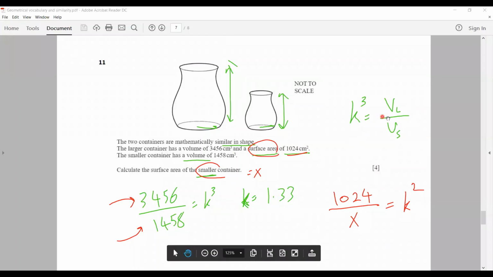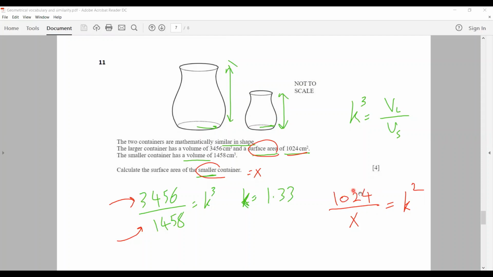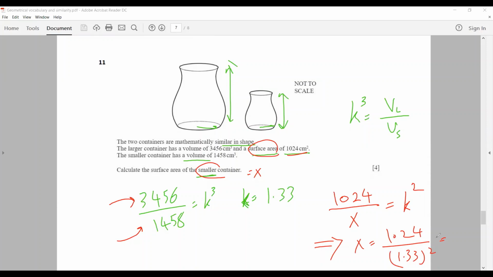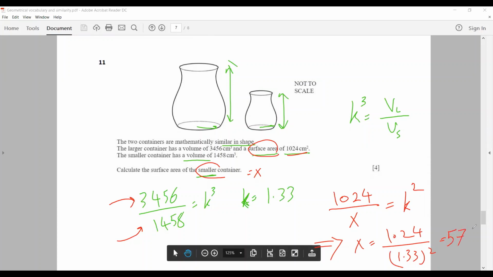So maybe another student put VS over VL in this case. When you come to the surface area, you should put the value of the smaller vase on the bigger vase. So just make sure you obey that order. Now, X is 1,024 over k squared, and the answer is 576.